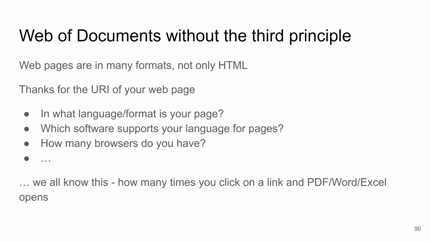If we take a look at the web of documents, where the standard is HTML, and think what would happen if web pages were written in something else as well, it is actually not so hard to imagine, because nowadays it still happens that you browse the web and suddenly, instead of going to a web page with text that you want to read, you are forced to download a PDF file or a Word file, and then search for an application that will open it, and inside on your electronic device you see text structured in pages, which doesn't make any sense, and it would be much better if the text was just another web page, right?